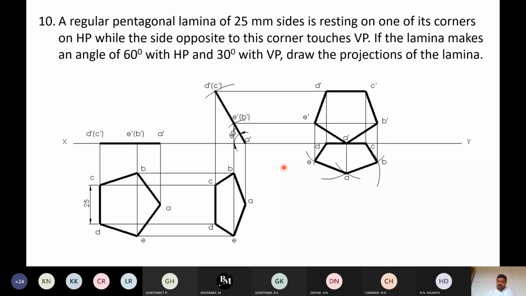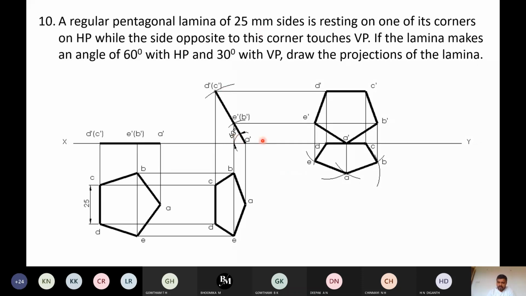Similarly here also, when it is touching both the planes, so that means one corner is on HP, another corner on VP. When the lamina is making 60 degree with HP, automatically the lamina also makes 30 degree with VP. Okay, so need not worry about that.